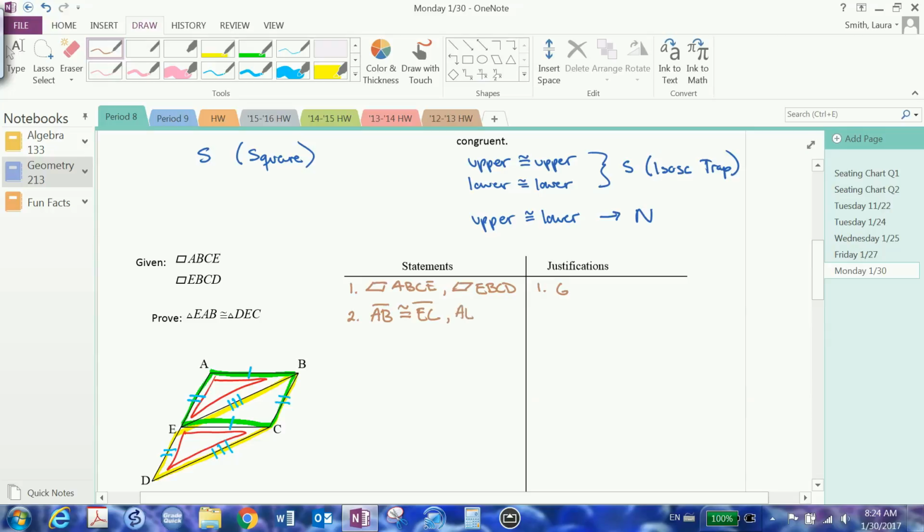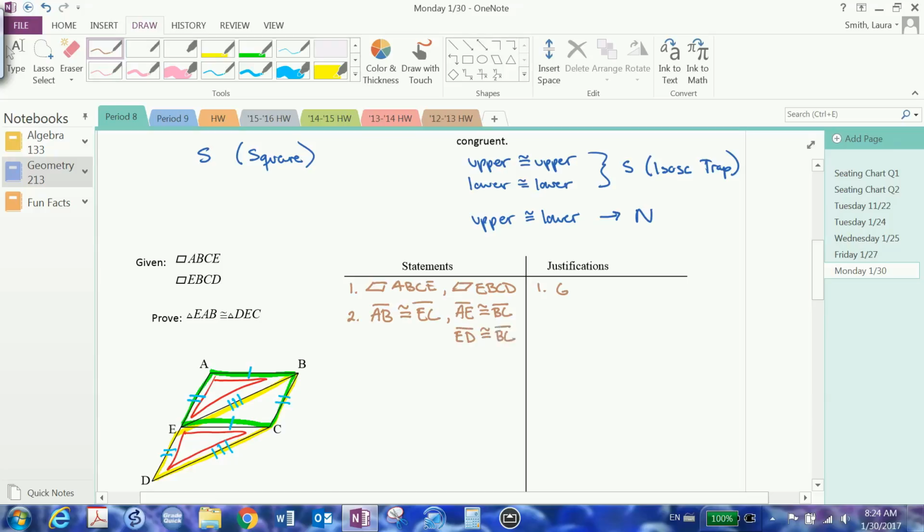I've got AB congruent to EC. That was from the green parallelogram. And I also get AE congruent to BC. That's in the green.